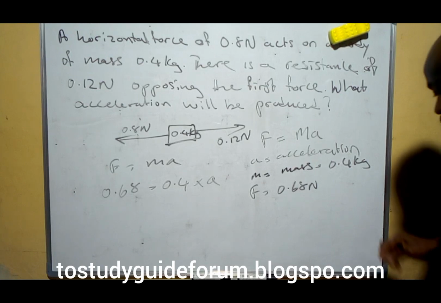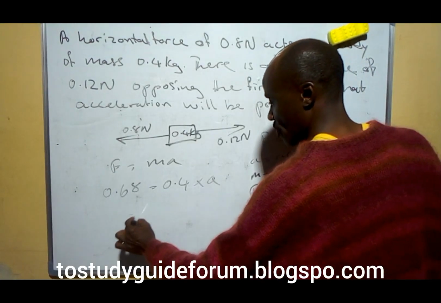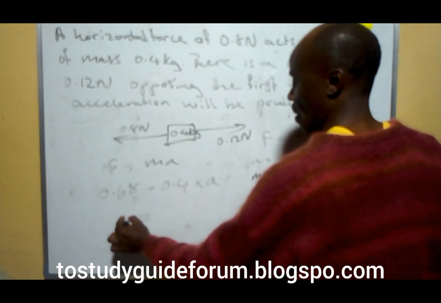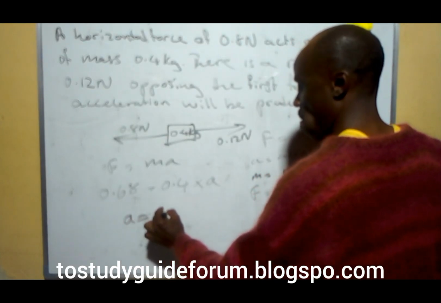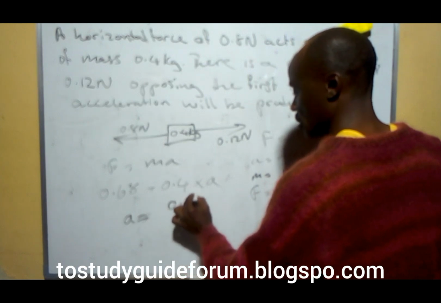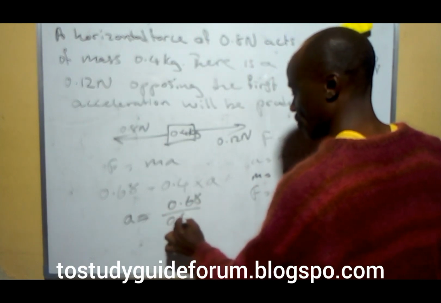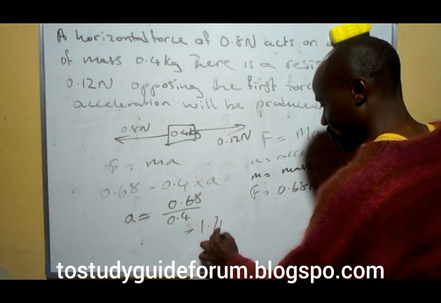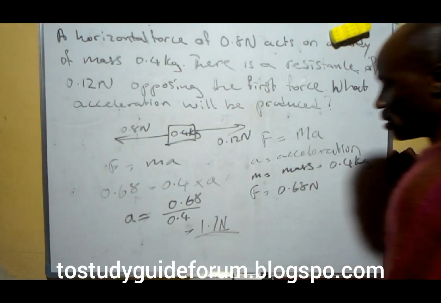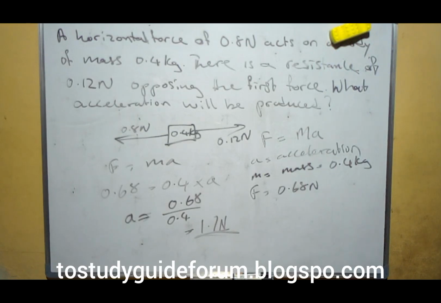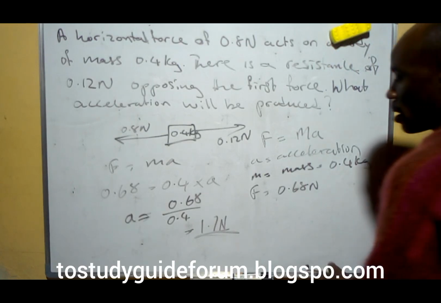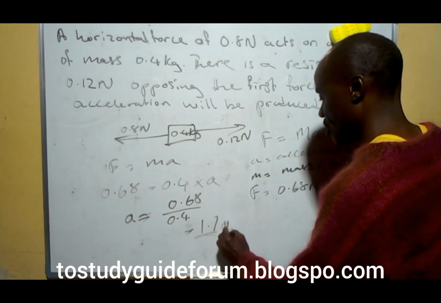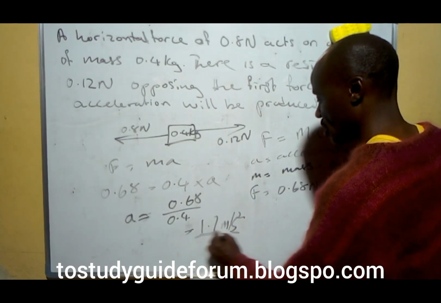If we divide through, we have A equal to 0.68 divided by 0.4. That will give us 1.7. Sorry, it's not Newton, the acceleration will be in meters per second squared.